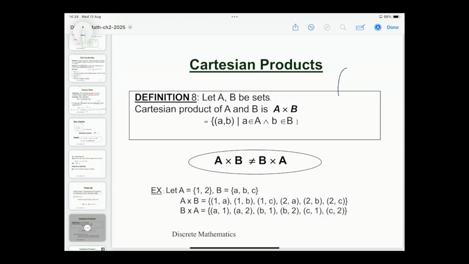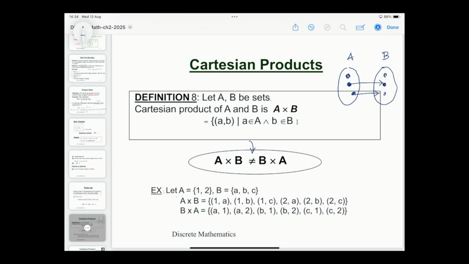Take a look at this one: this is set A and this is set B, so there is a mapping from A to B. 1 member here and 1 member here, from A to B. But from B to A is different. They are not the same. We can see that from the example.